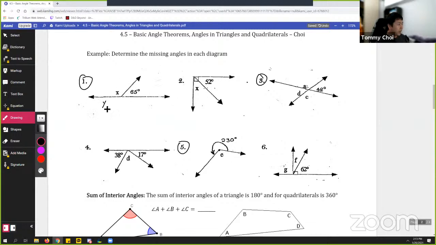And so we know that x plus 65 should equal 180. And we just solve for x. We do the basic algebra here. Addition becomes subtraction on the right side. We subtract 180 minus 65, like Elias said inside, and we get 125 is not correct.